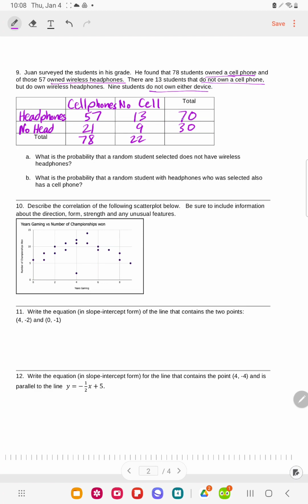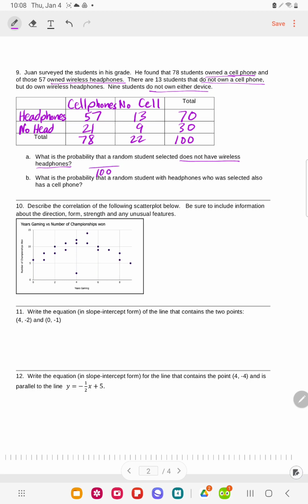Now we check our totals to see if all the calculations make sense. 70 plus 30 makes 100, and 78 plus 22 makes 100. So we have our two-way frequency table completed correctly. The first question, A, asks, what is the probability that a random student selected does not have wireless headphones? Okay, so we know there's a total of 100 students.